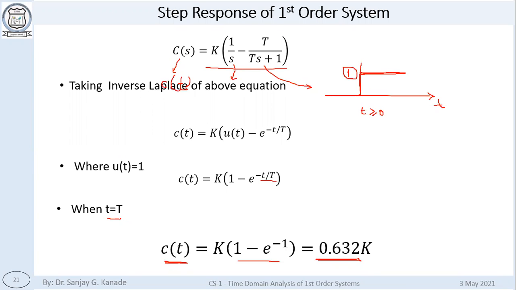When the system is running for up to the time constant value, at that time the output shall be 63.2% of the final output. That is what it means.